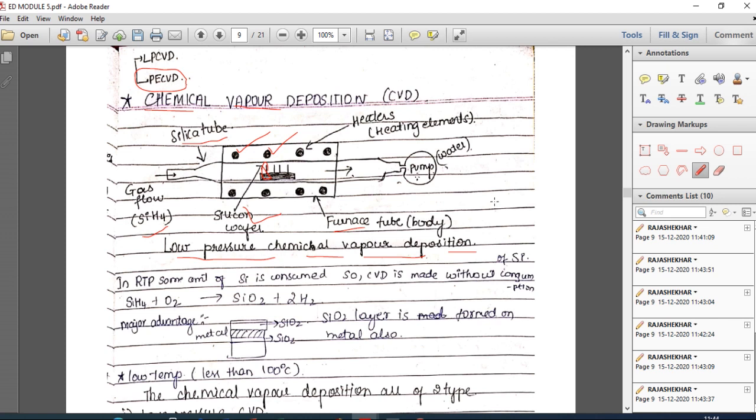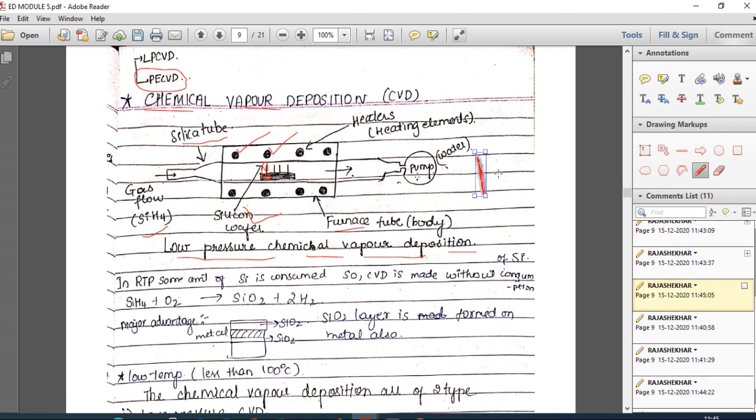That happens in the previous processes, like rapid thermal processing or thermal oxidation. There, if I take one silicon wafer like this, part of that silicon will be consumed, and then it forms a silicon dioxide layer. But here, without consuming any silicon from the wafer, because it is already there in the gas itself.